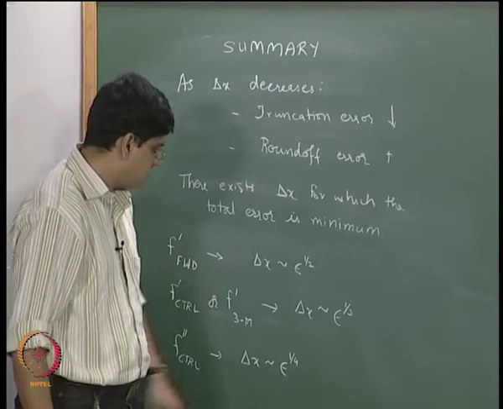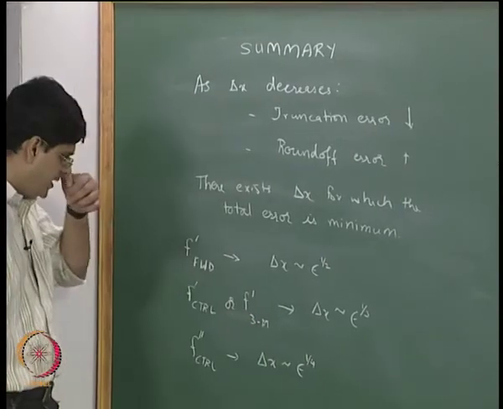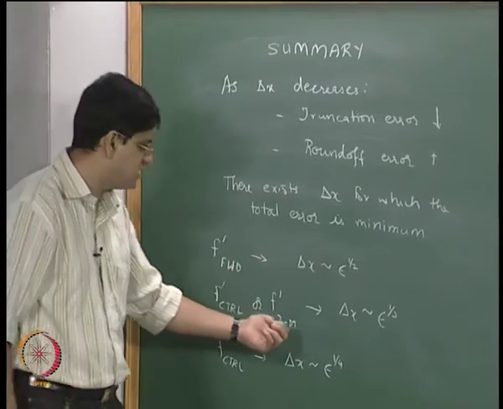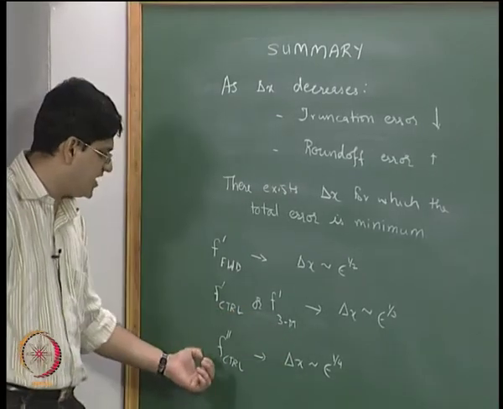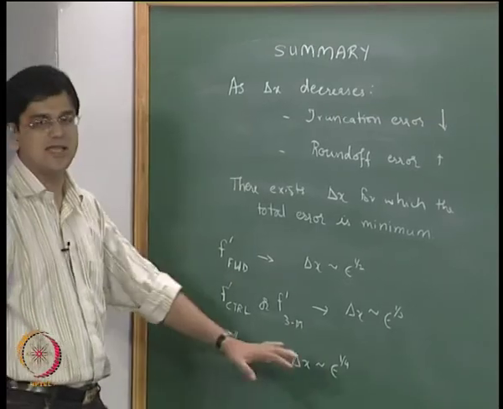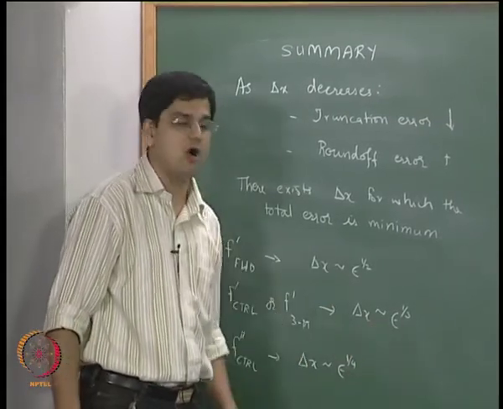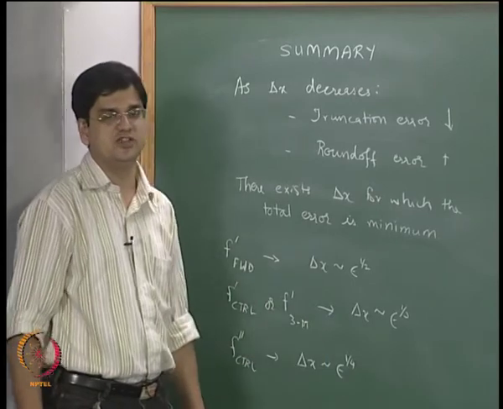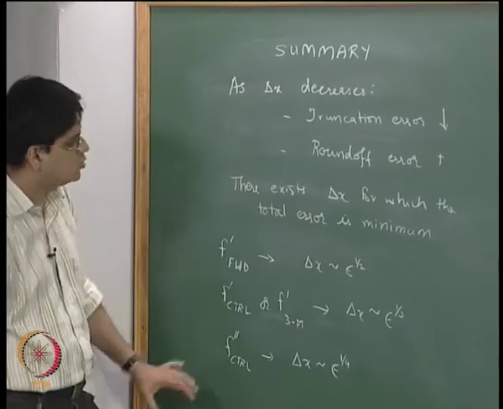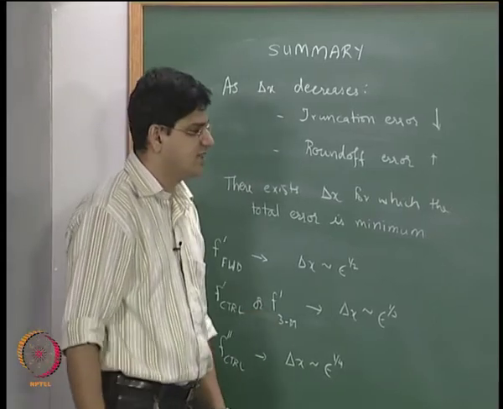Okay. I am just stopping over here mainly because f dash using forward difference, f dash using central or 3-point difference, and f double dash using the central difference formula are likely the most common numerical differentiations that a typical chemical engineer encounters. So, I will not go into anything beyond that.